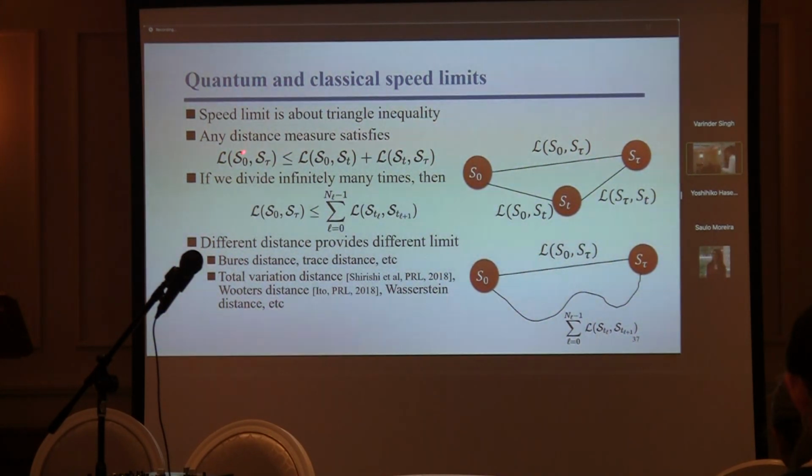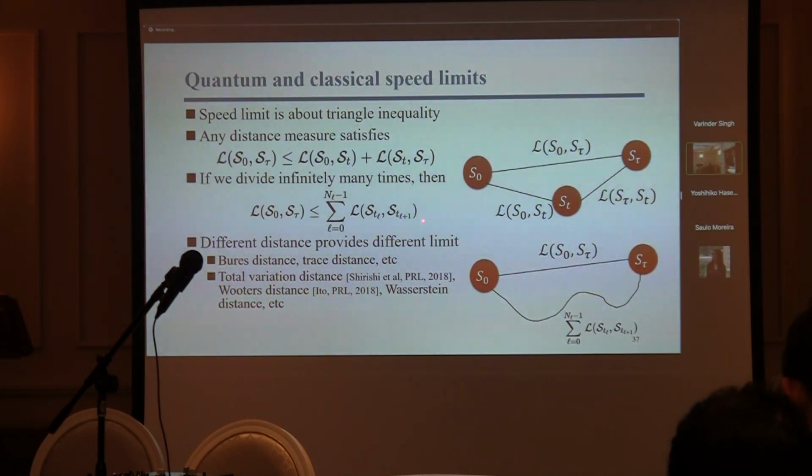And by applying this triangle inequality many times, we have this representation. Here N is supposed to have an infinitely large value. Then this triangle inequality can be represented by this figure. Here, this is a straight line, so this is the shortest distance between the initial state and final state, which corresponds to the left-hand side.